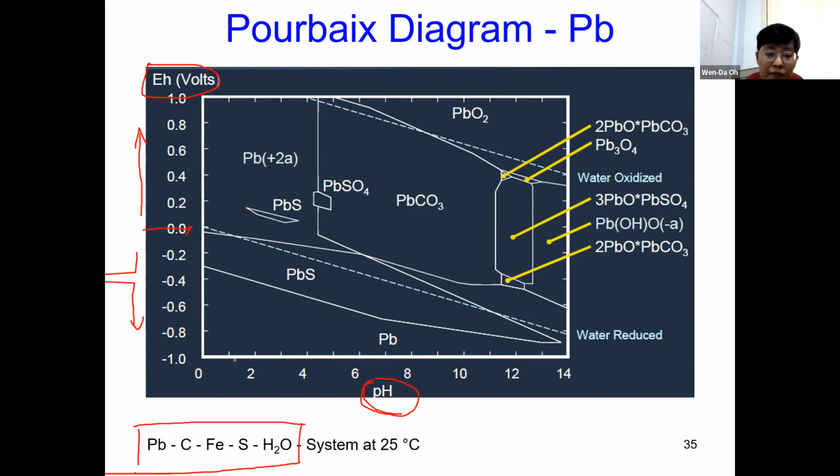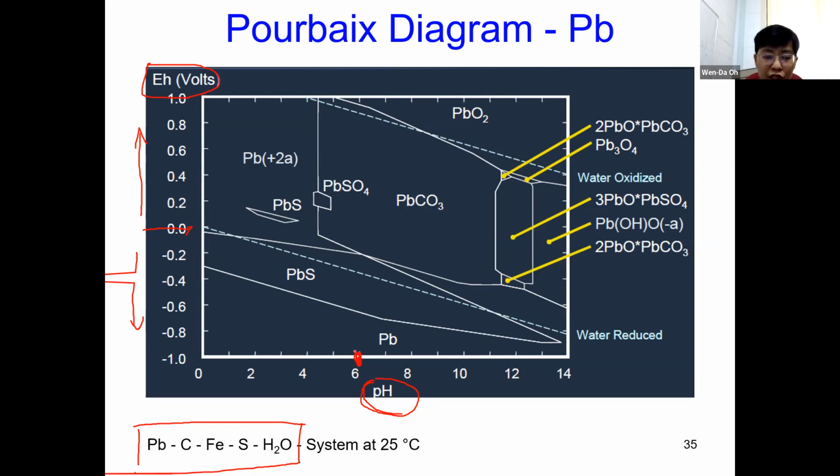Let's say you have pH 6. You go to a particular area, let's say a lake, and you measure that the pH is 6. Then you take the ORP, the oxidative reductive potential. There is an ORP probe that can measure it.